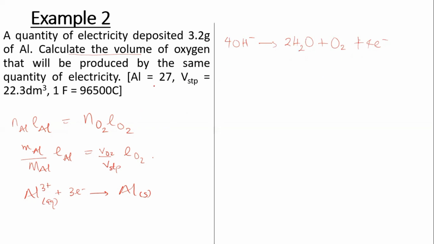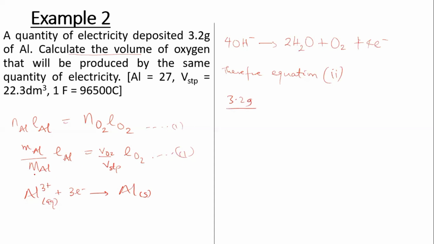All right. Now, if this one is equation 1 and this one is equation 2, therefore you substitute the values in equation 2. So equation 2 becomes what? What's the mass of aluminium? 3.2.